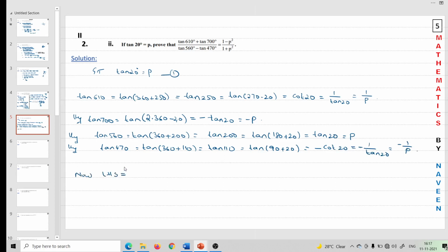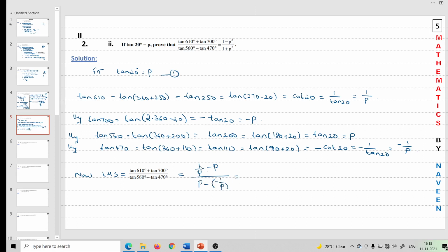LHS equals: tan 610 value is 1 by p, tan 700 value is minus p, divided by the denominator, tan 560 value is p minus tan 470, whose value is minus 1 by p. Here it is minus 1 by p.